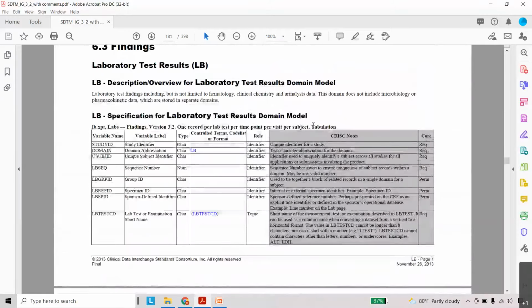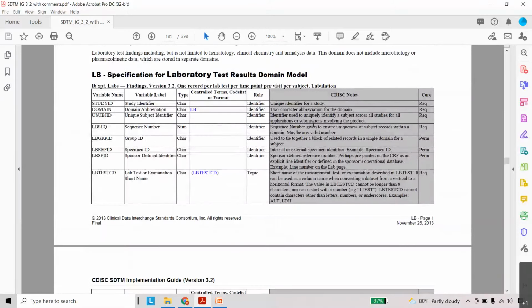Before doing the laboratory test, we should have a common understanding of how and what information will be captured in the laboratory test results.